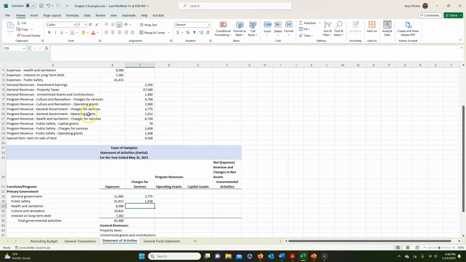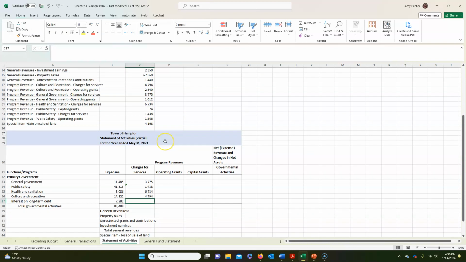We do not have health and sanitation charges for services of $6,734. Culture and recreation charges for services of $4,794. And then interest on long-term debt does not go here. The earnings from interest go somewhere else.